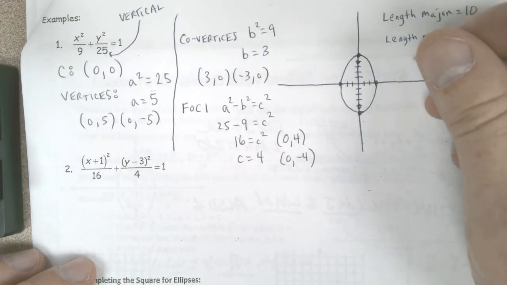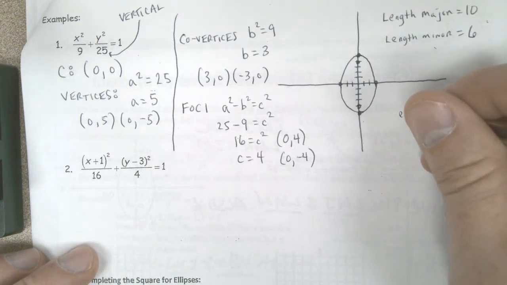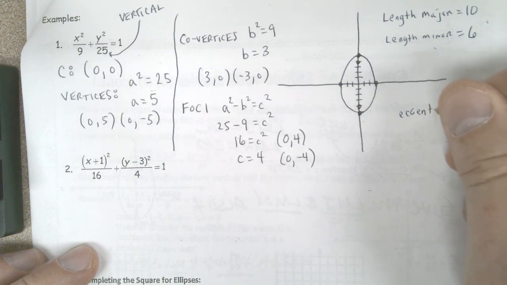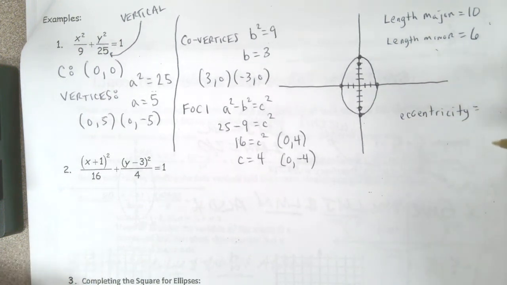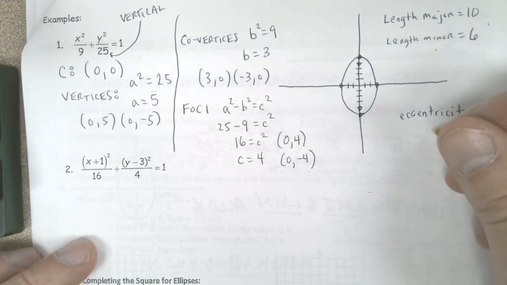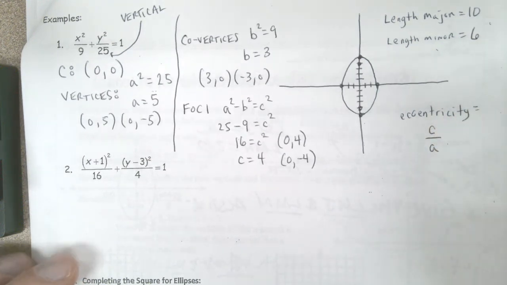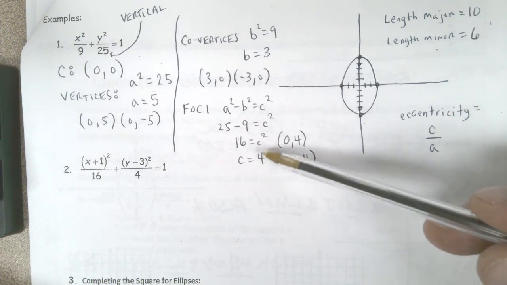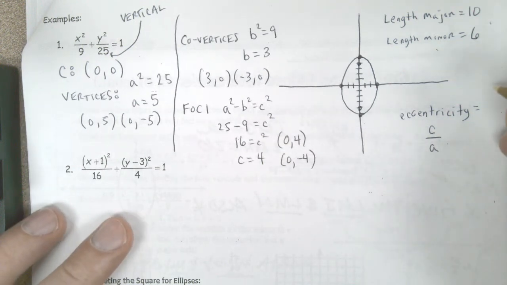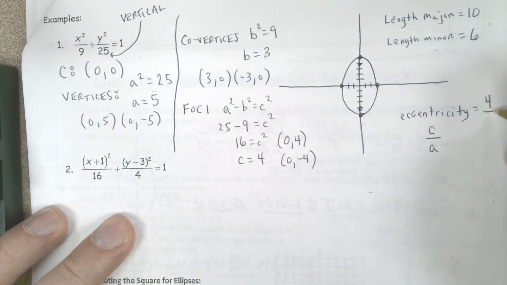And then the last thing would be our eccentricity. And remember, to find our eccentricity, it's the c value over the a value, which in this case, c over a would be 4 over 5.